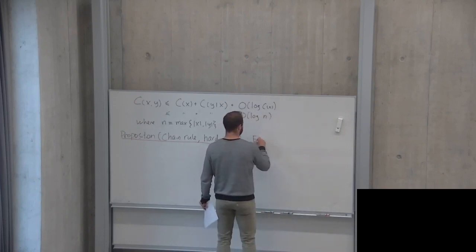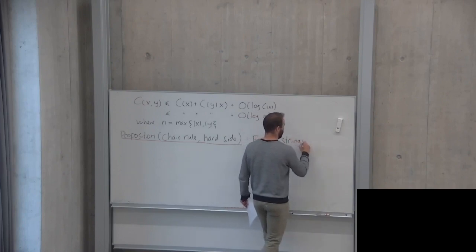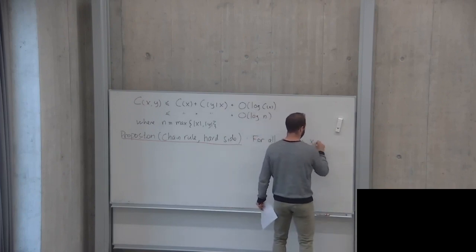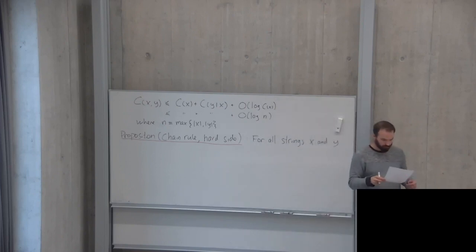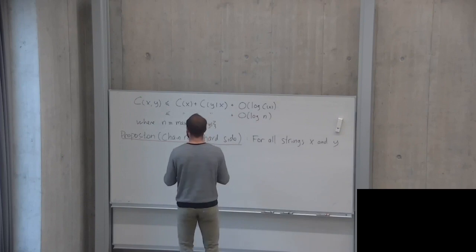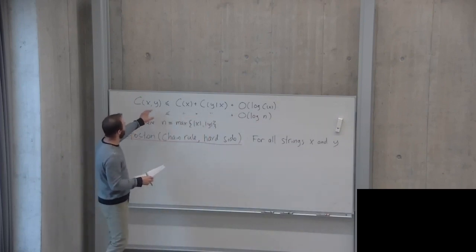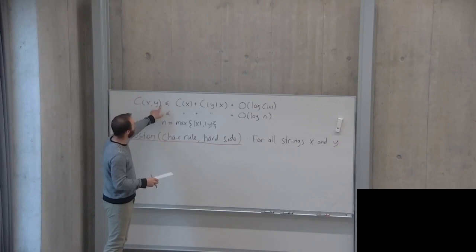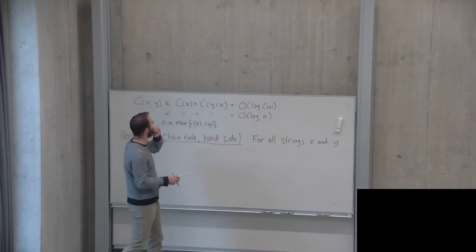For all strings x and y, the chain rule will be that this quantity here is equal to that quantity here up to some error term.